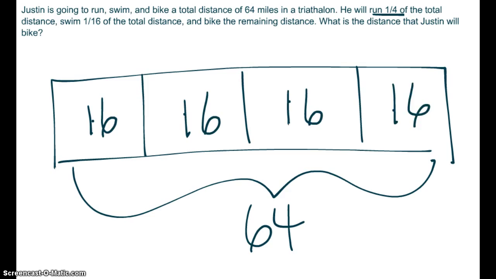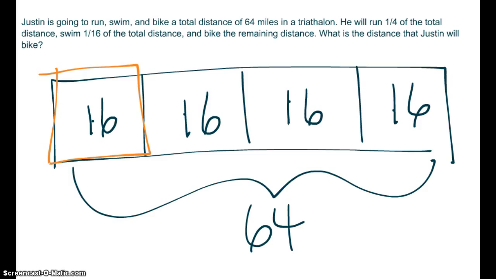We only want 1/4, so we know that 1/4 is 16 miles. So I'm just going to write 16 above the running.